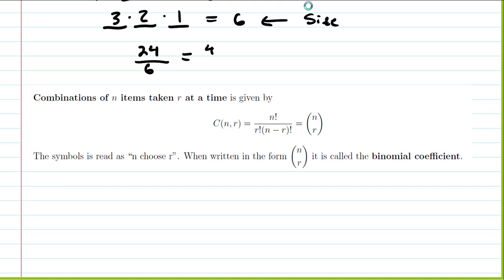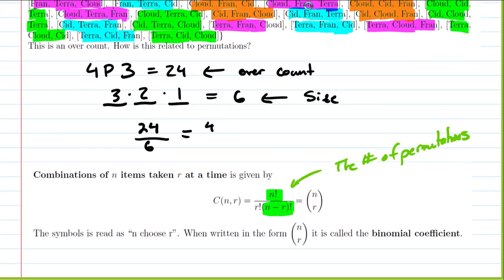So we'll notice that we have this part, which we've seen before, and what is that? This is the number of permutations. And then we have this r factorial, and that r factorial is just what we saw up here. That was our overcount, right? The size of the groups that we were overcounting by, because order didn't matter.